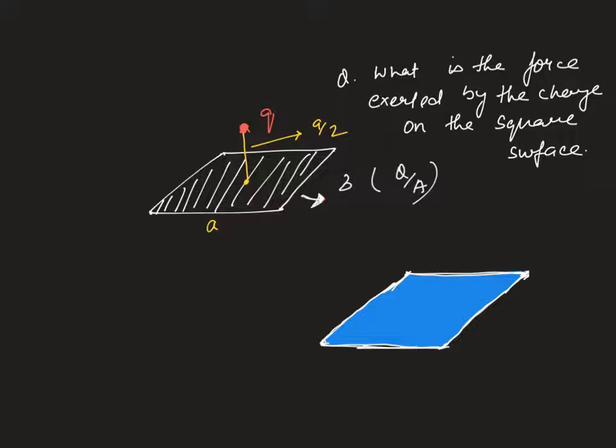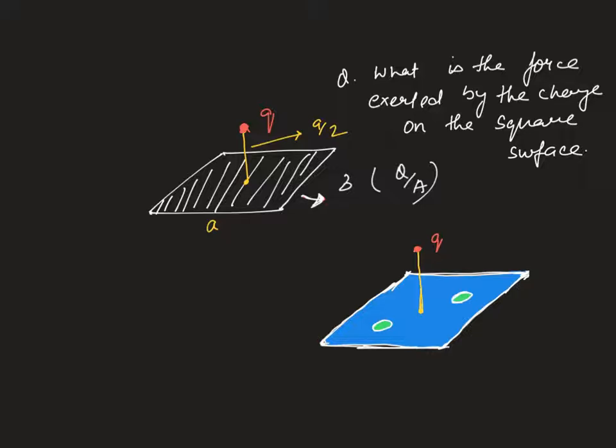So this is our square surface, and from the center of the surface there is a charge here, and the charge is q. Let's consider an area here, a very symmetrical area here, and let me fill these areas with different colors.